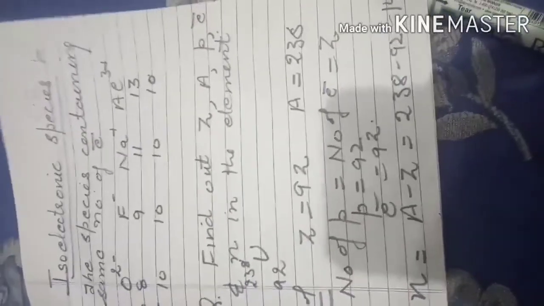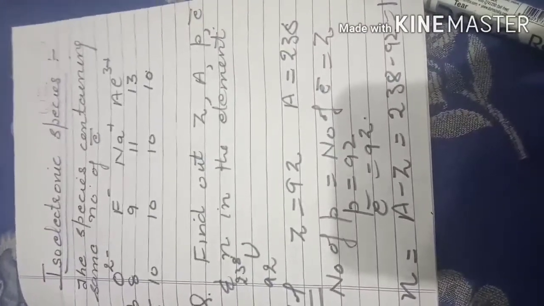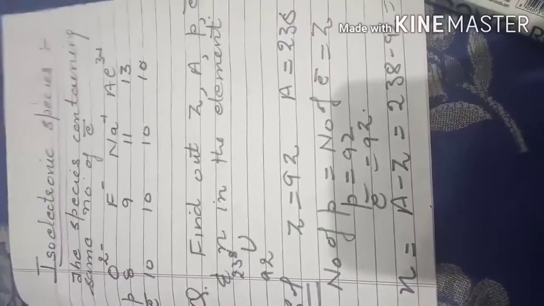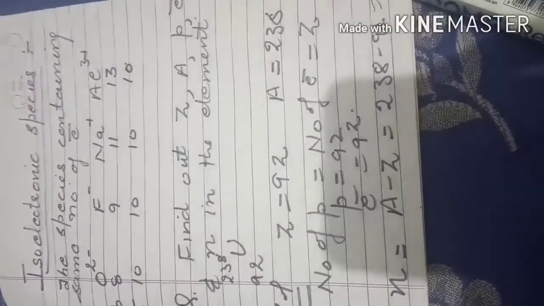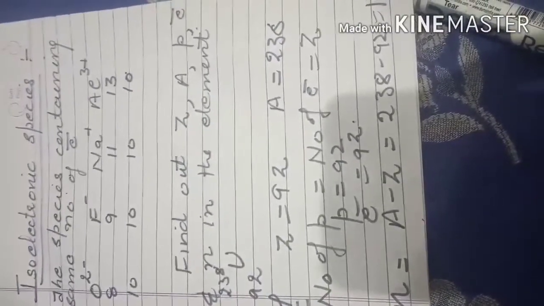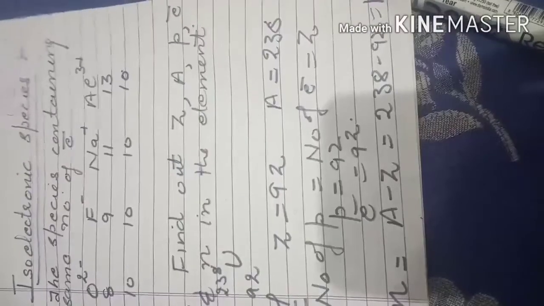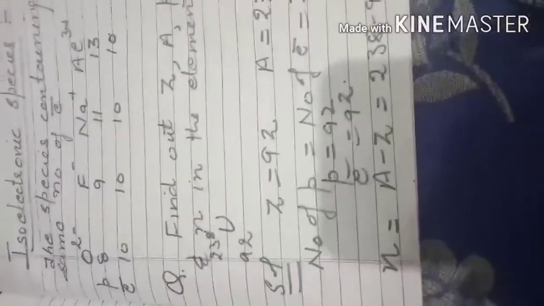Now, consider one numerical in which you are asked to find the atomic number, mass number, number of protons, electrons and neutrons present in the element uranium-238 with atomic number 92. Here, the subscript is the atomic number and the superscript is the mass number.